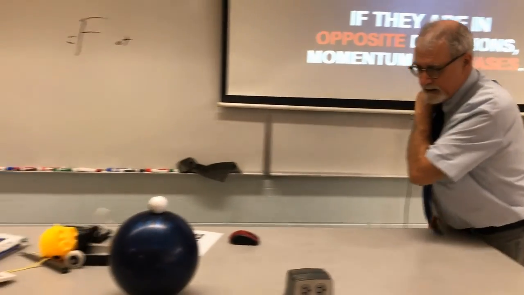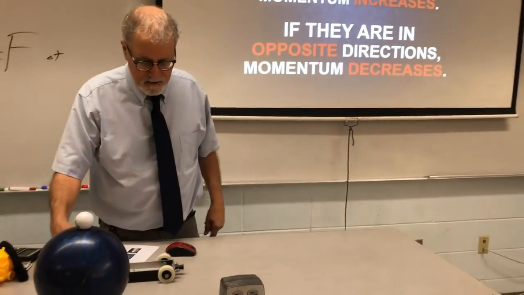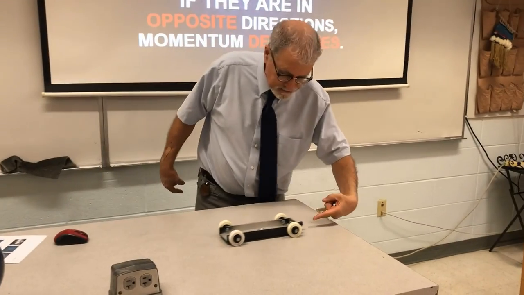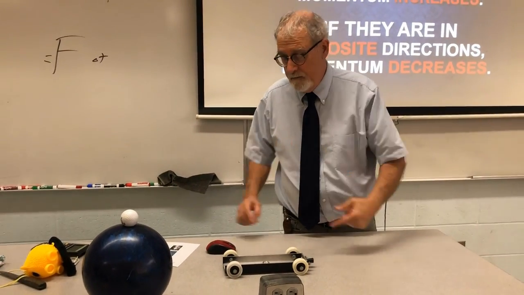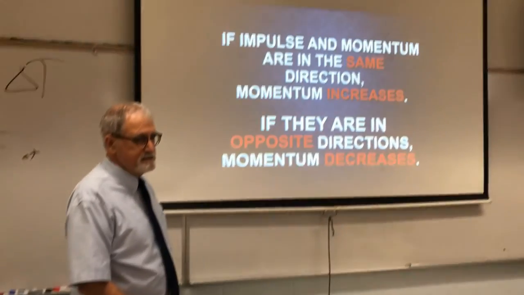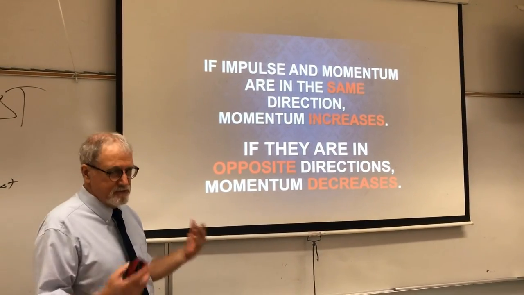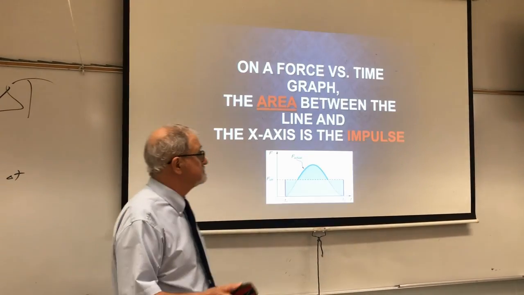I give an impulse in the same direction, the momentum increased. Now the cart is going in that direction, the impulse is in the other direction, and the momentum decreased. It's a simple thing. Because they're vectors, they have direction, positive and negative, north, south, east, and west, up and down.